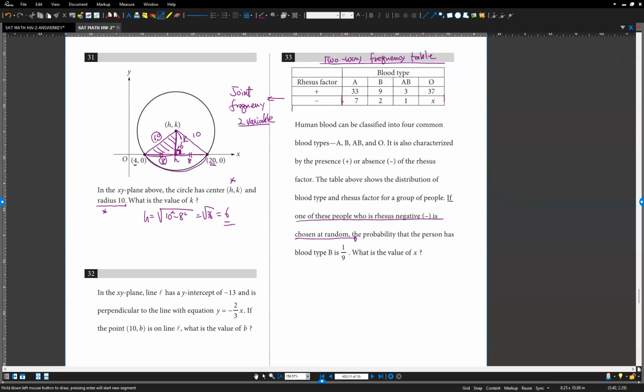This is Rh minus. Out of these numbers, this is the total. Not everything is the total. The total of everything we call the sample space. This is not the total, we don't care about this one. We just care about Rh negative. So the sample space is now reduced to some part. This is what we call conditional probability.